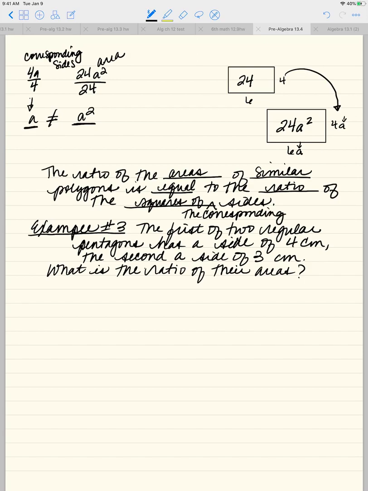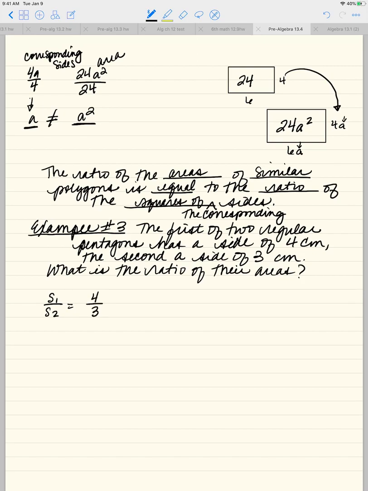So example number 3. The first of two regular polygons has a side of 4 centimeters. The second has a side of 3 centimeters. What is the ratio of their areas? So we have side 1 and side 2. Side 1 is 4. Side 2 is 3.